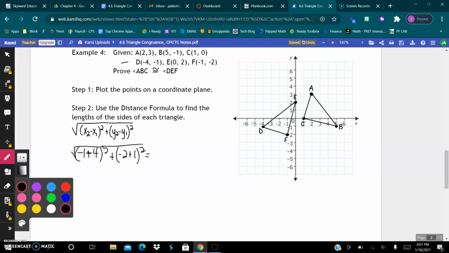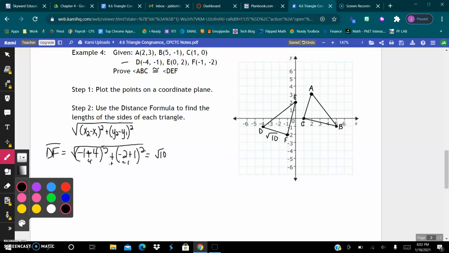So let me put DF here. -1 plus 4 is going to be 3. 3 squared is 9. -2 plus 1 is going to be a -1 squared, and that would be just 1. And if we add those together, we are going to get the square root of 10. So this is the square root of 10 right here.